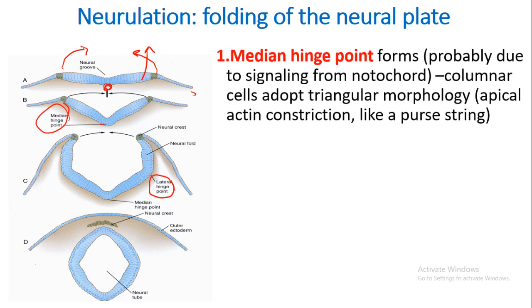The medial hinge point which is formed is believed to be due to signaling from the notochord, and it has columnar cells. So you need to understand that the notochord is the one which induced something, and this led to the formation of the median hinge point.